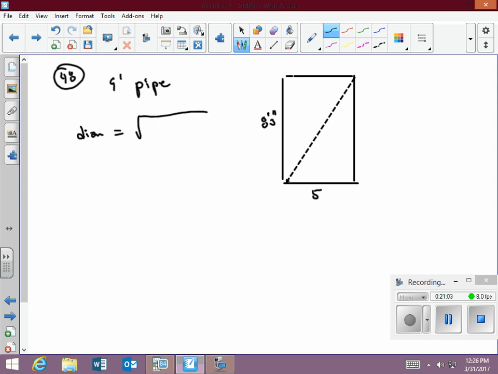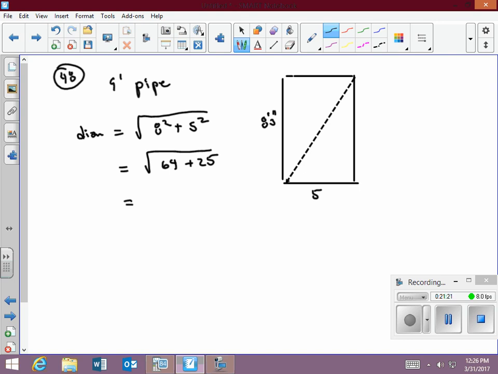It'd be the square root of roughly 8, right? A little bit over 8 squared plus 5 squared. So that'd be the square root of 64 plus 25, which is bigger than 64 plus 25.